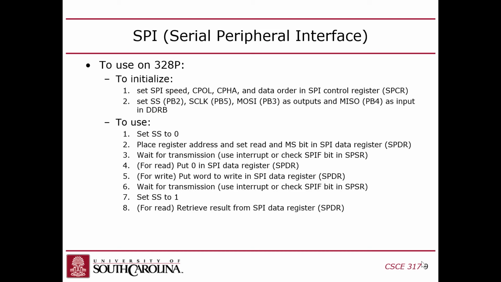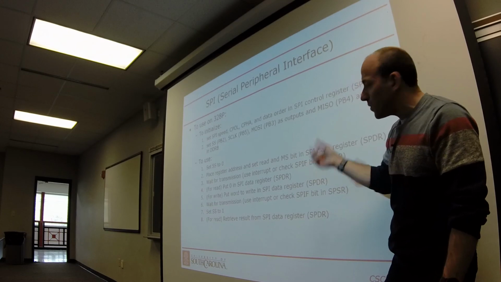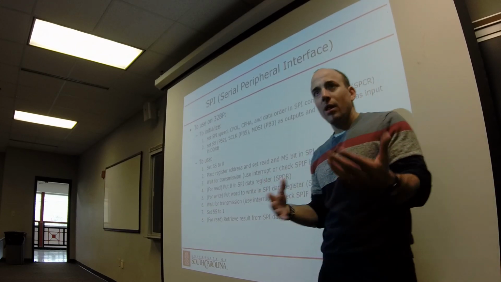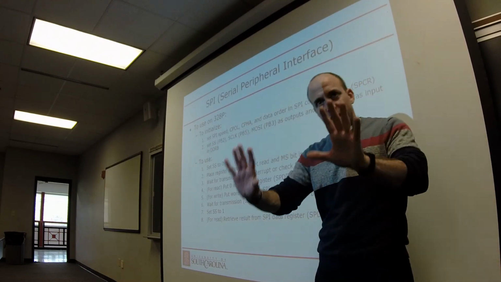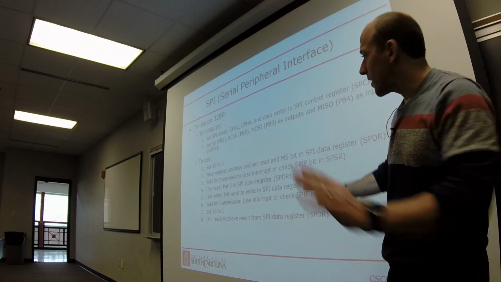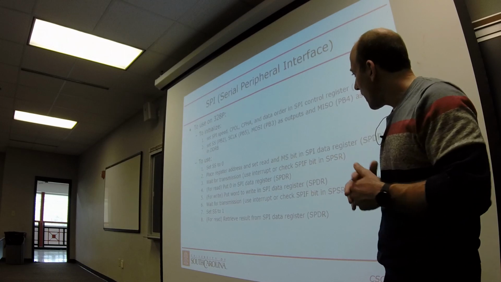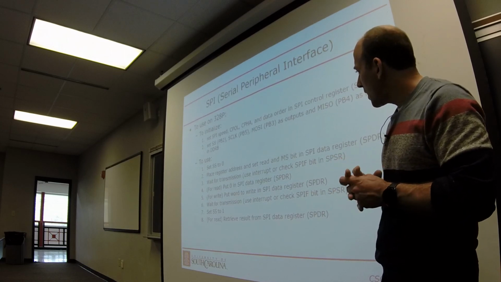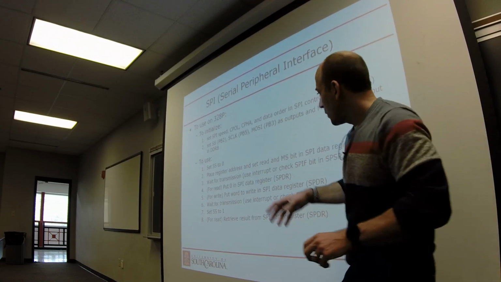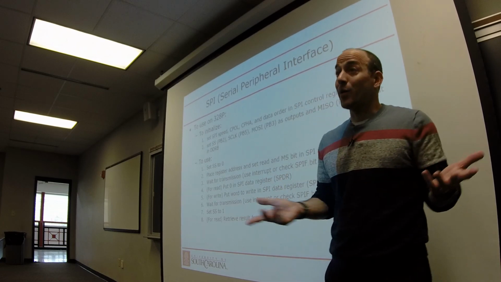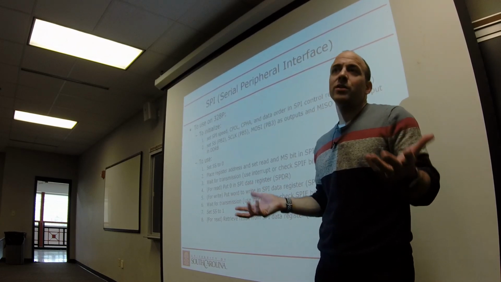Now, once that first transmission happens, you have to do a second transmission. The first transmission just sends what you want to do and the address, and then the second transmission is to do the read or write. So if I'm reading, you could just put a 0 in the SPI data register. Garbage.